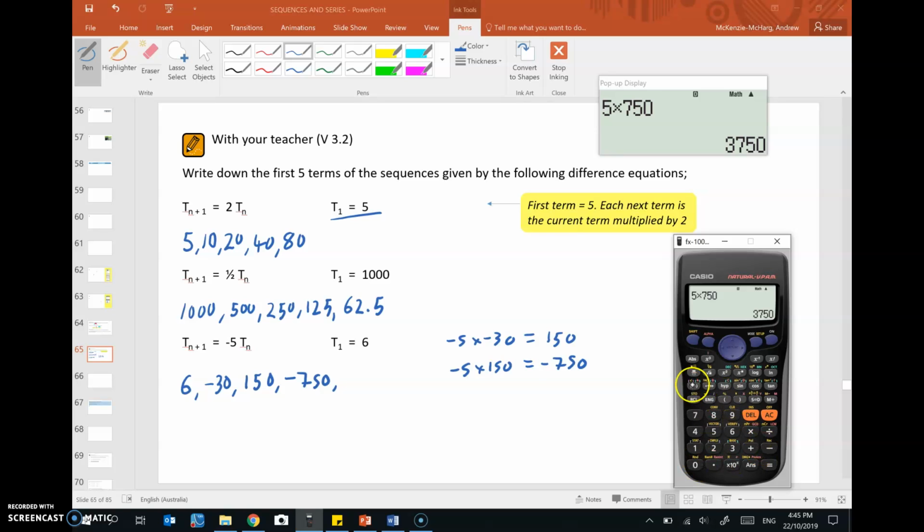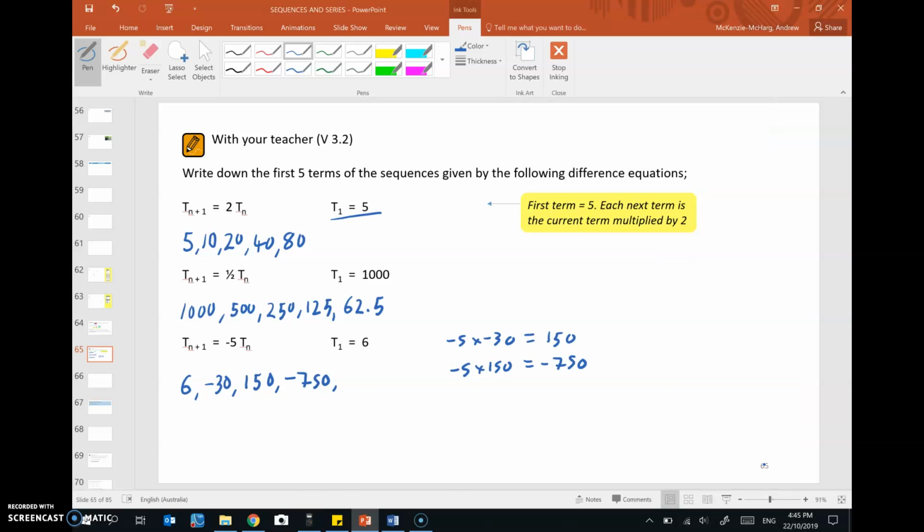So if you have a negative common ratio in these, you see that alternating sequence as we saw earlier with sequence rules.